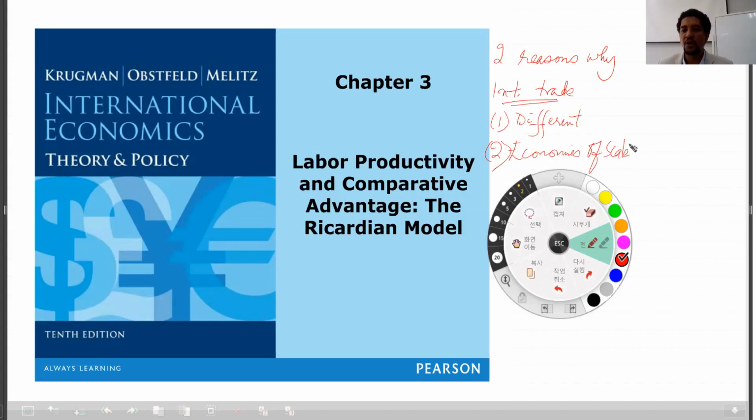So when a country specializes in producing a single product, that specialization helps the country reduce the cost of production so that they can sell this product at a cheaper price. So specialization is the second reason why countries engage in international trade. These two are the major reasons why nations engage in international trade.